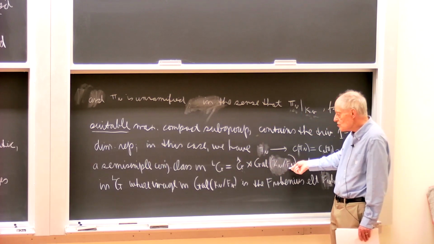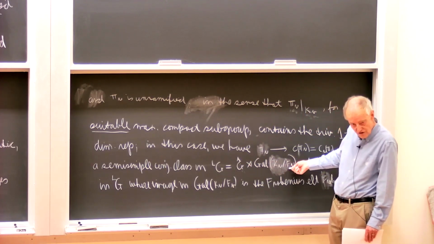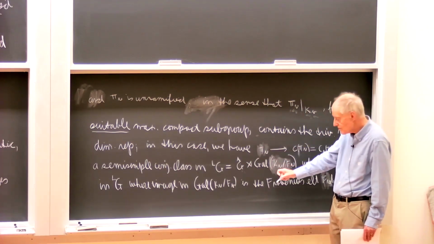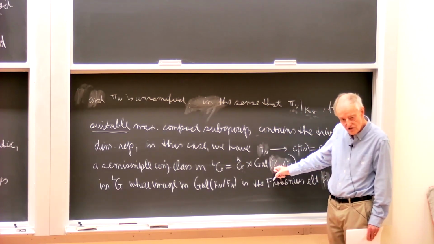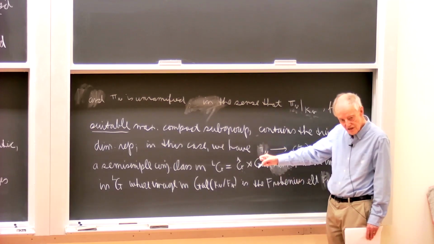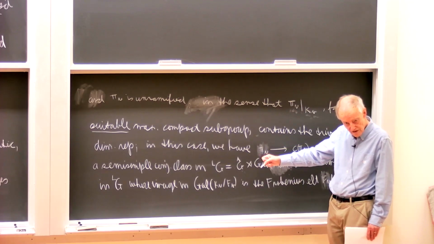And it has the further property that the projection of this conjugacy class, this is a finite unramified extension of F_v, and its Galois group is a cyclic group generated by the Frobenius element.